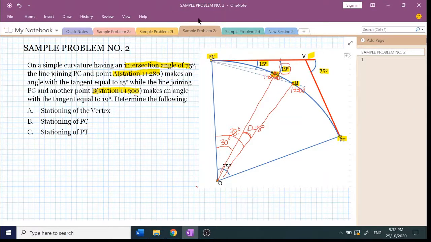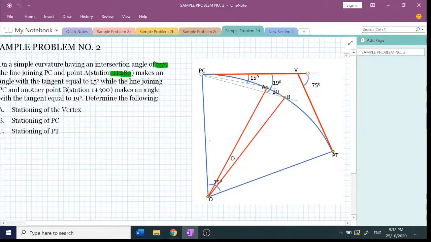So, kaya kung babalikan natin to, balikan lang natin itong angle na ito. Itong angle na ito will be how much? Will be 30 degrees. Itong angle na ito will be 38 degrees. Sa makatuwid, yung degree of the curvature will be equal to 8 degrees.